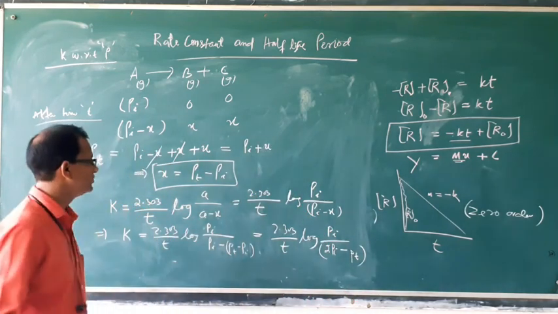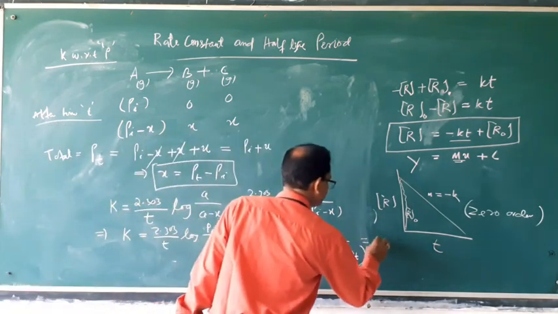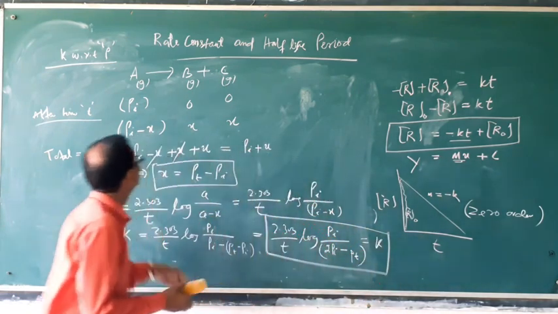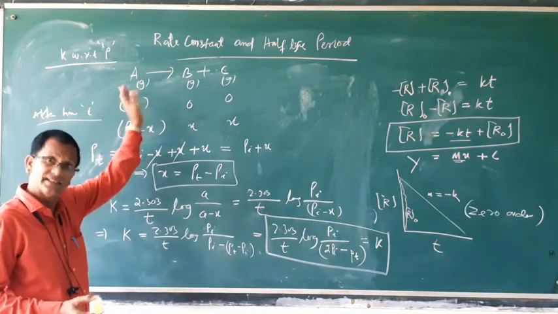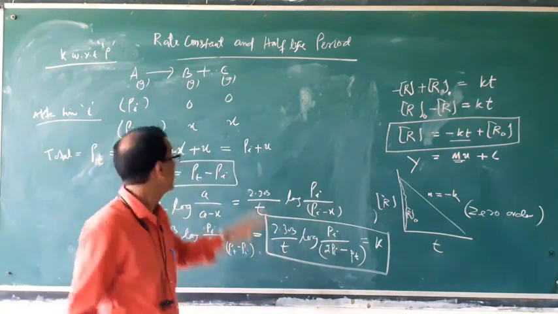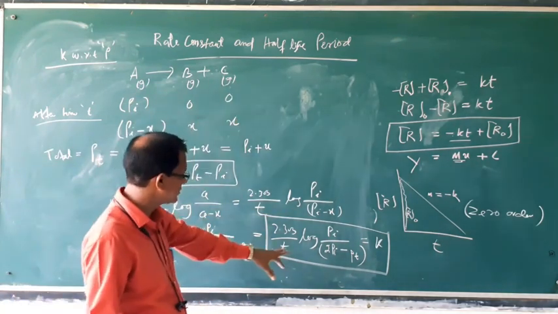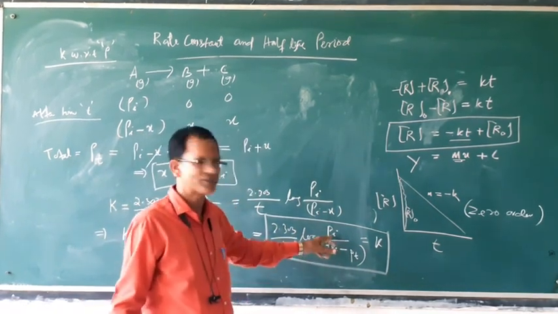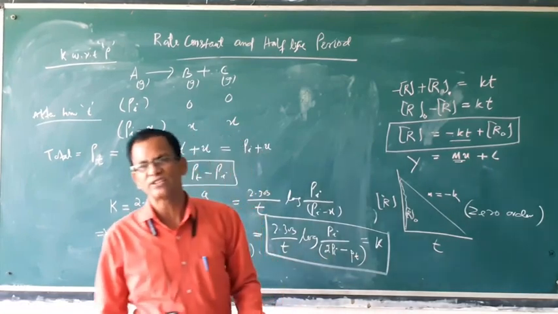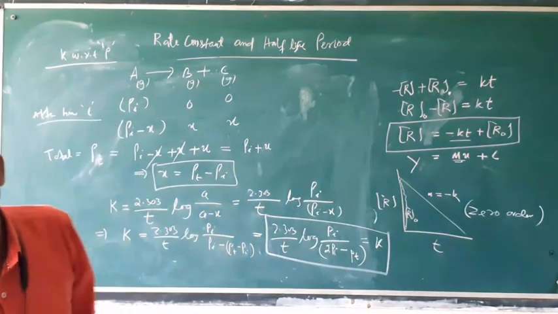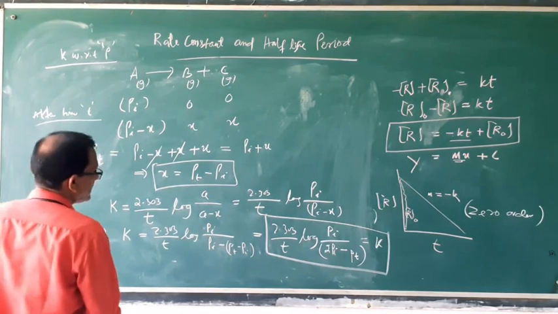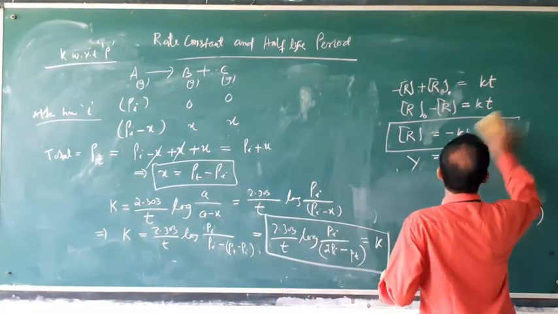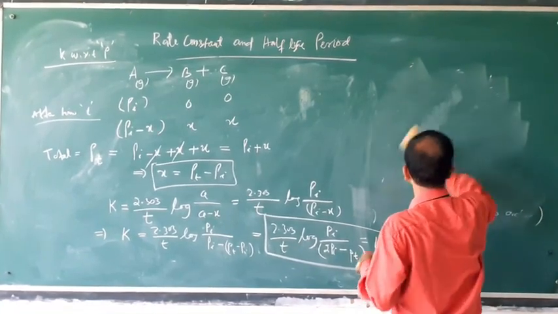So this is the derivation of K. For this type of expression, A changes to B plus C, the expression is K is equal to 2.303 by t log Pi upon 2Pi minus PT. What is Pi? Initial pressure. What is PT? Total pressure in the mixture of A, B and C. Similarly, we can derive different formulas; it depends upon the expression.